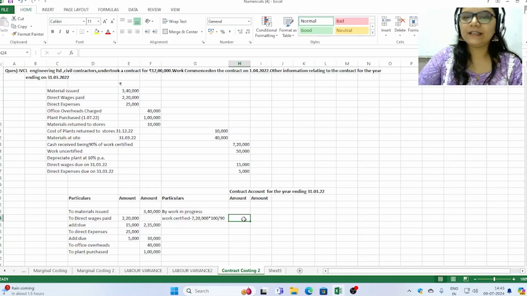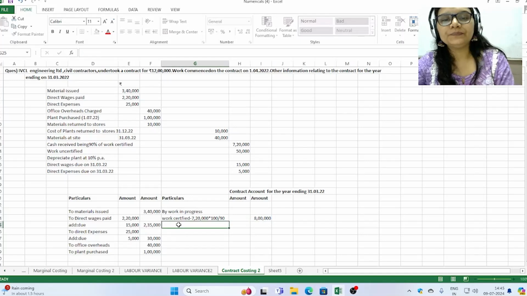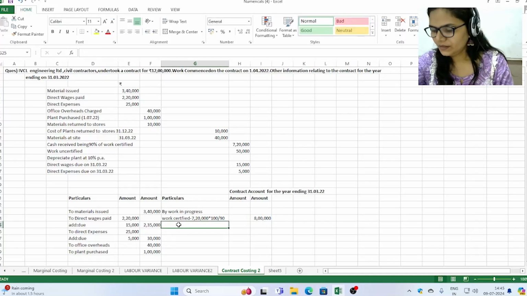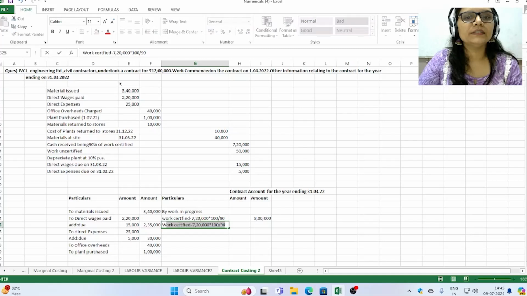We have 8 lakh. The amount comes out to be 8 lakh. Now, work uncertified is given as 50,000.